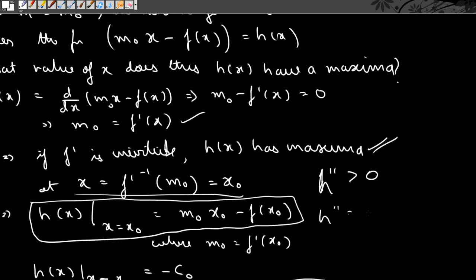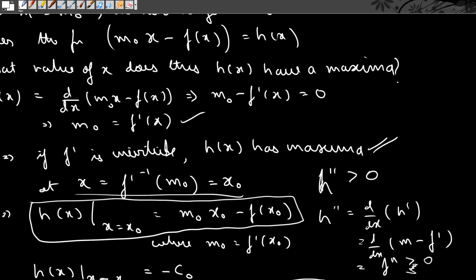Our h double dash is nothing but d by dx of h dash, which is d by dx of m minus f dash, which is f double dash, and since f is convex, we know that it is always greater than or equal to 0. Therefore, if we consider functions which are convex, such that f double dash is greater than 0, then h double dash is also greater than 0, which means it is going to have a maximum.